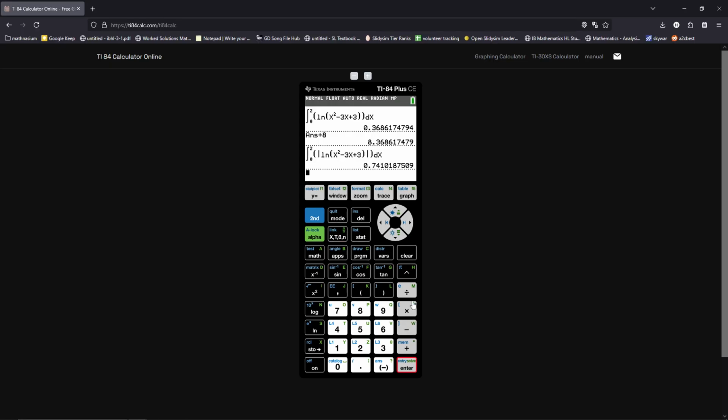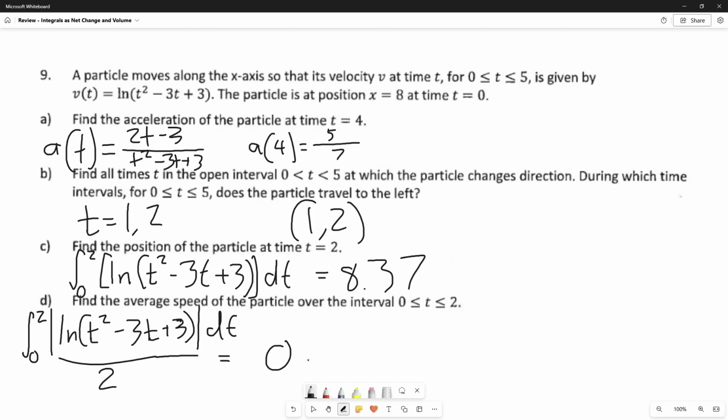We get 0.74, but divided by 2, it's 0.37. So 0.37 units per second, so probably meters per second, and our final answer is 0.37.